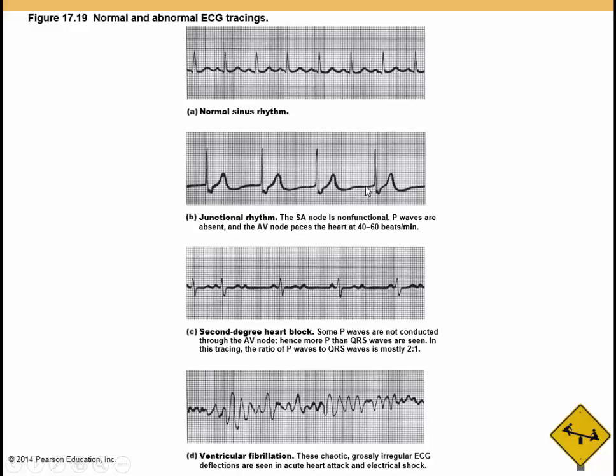Again, loss of that SA node squeezing the atrium. But the workhorses, the ventricles, are doing their job. You will, however, have a slower heartbeat. That AV node is not as leaky as the SA node, so the beats will be slower. You're going to be at the 40 to 60 beats per minute here as compared to the 75 that the SA node kicks off.